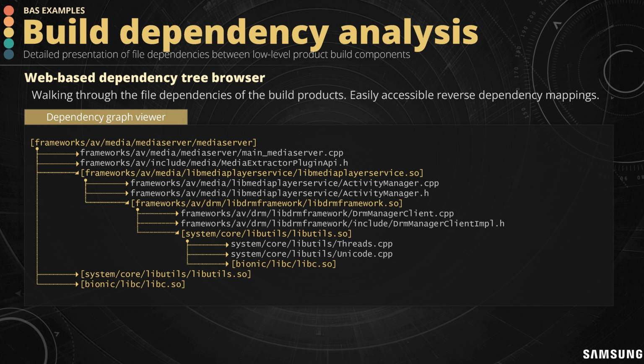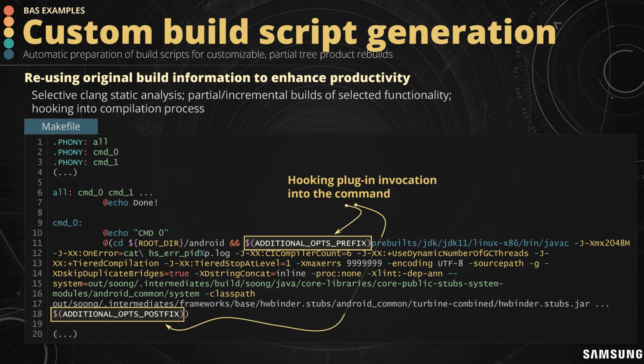So, another example of using BAS is utilizing process information to generate build-like scripts. The first thing we have in mind when it comes to the build system is compilation, and the most problematic aspect of compilation is build time.